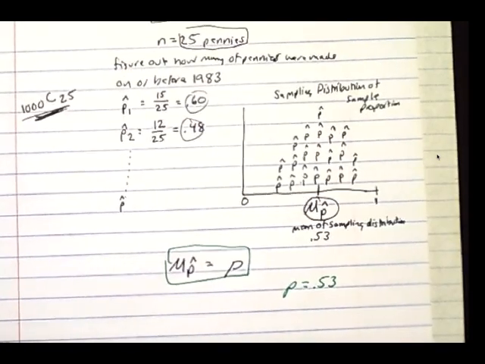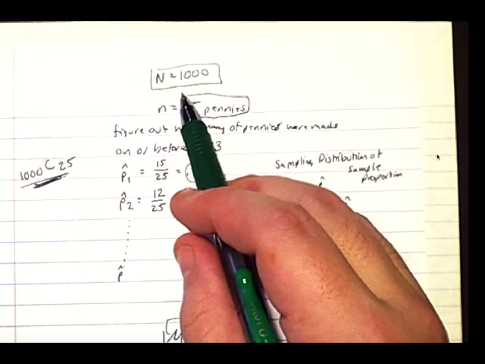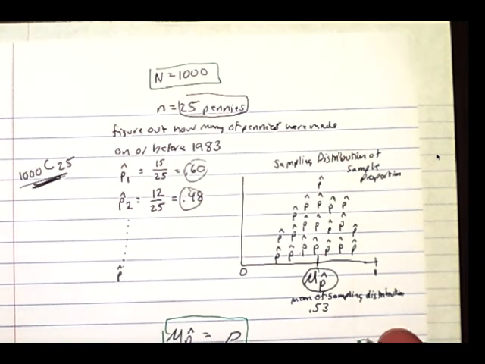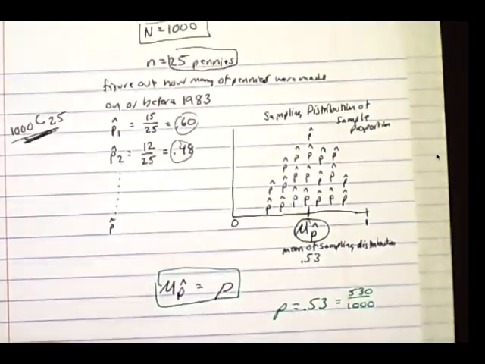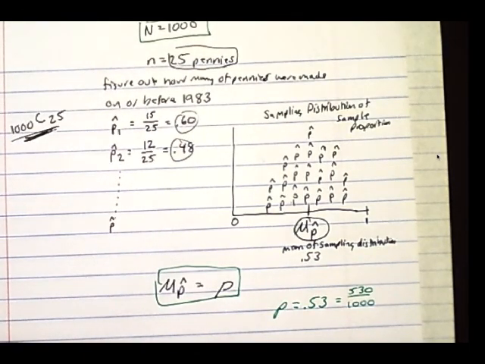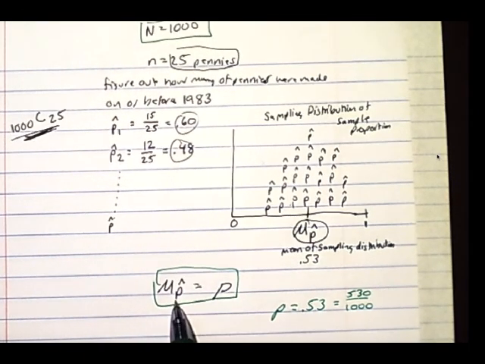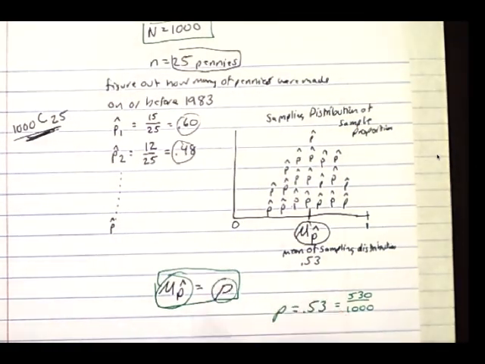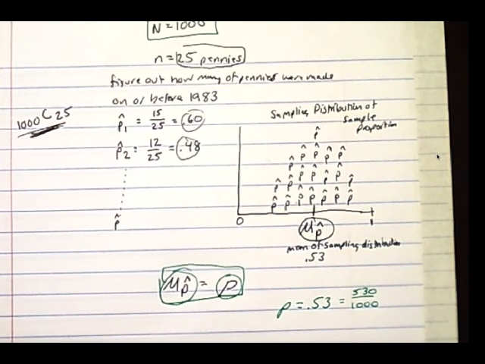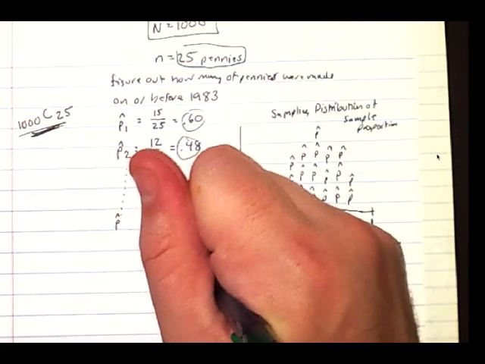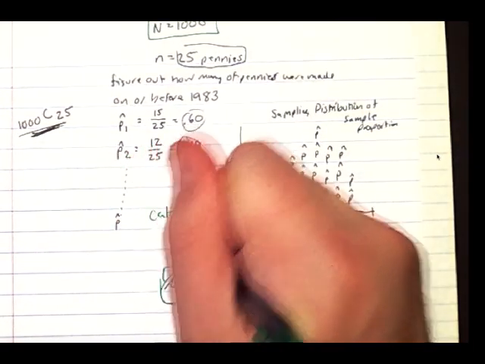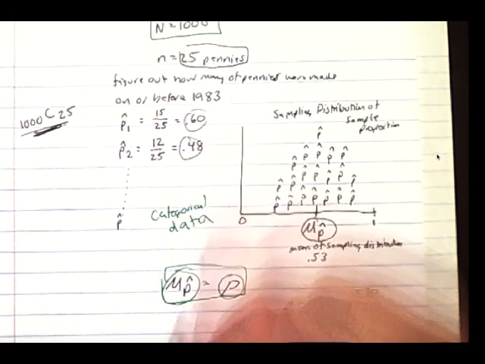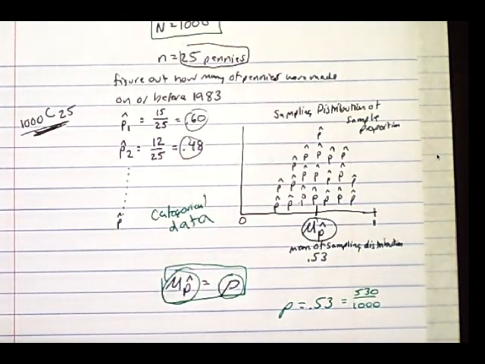So out of these 1,000 pennies, 530 of them were made on or before 1983. So the mean of the sampling distribution equals the true proportion. And again, this is for categorical data.